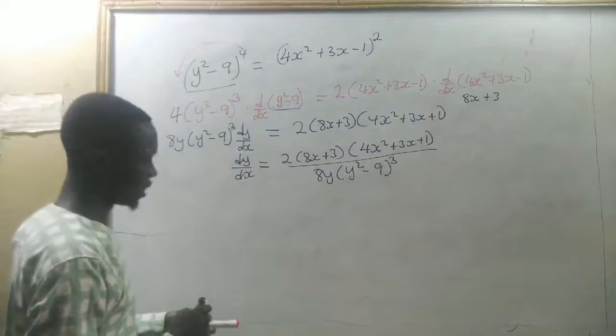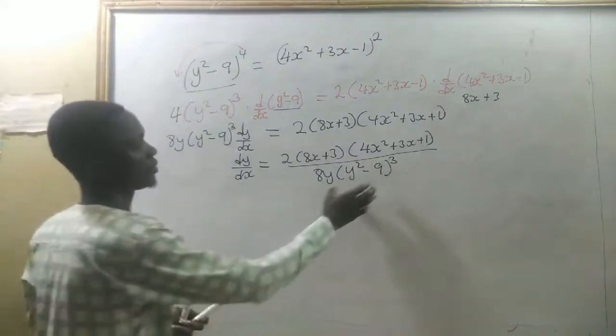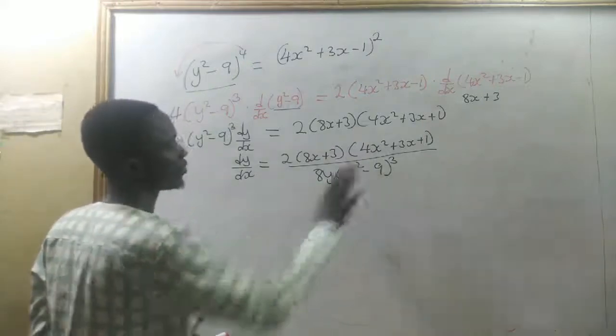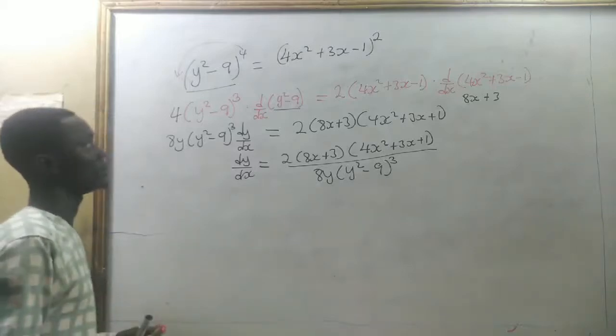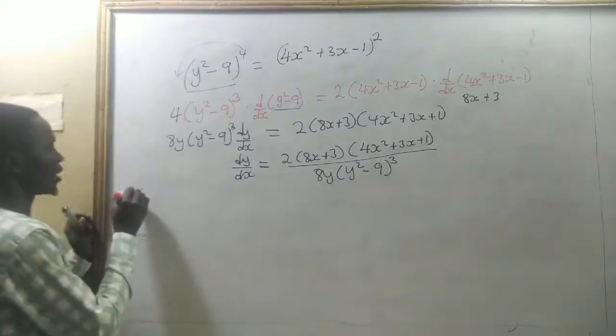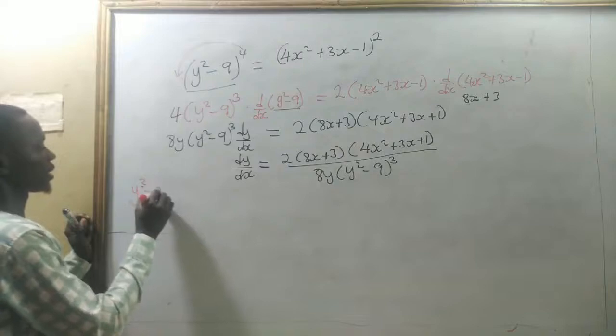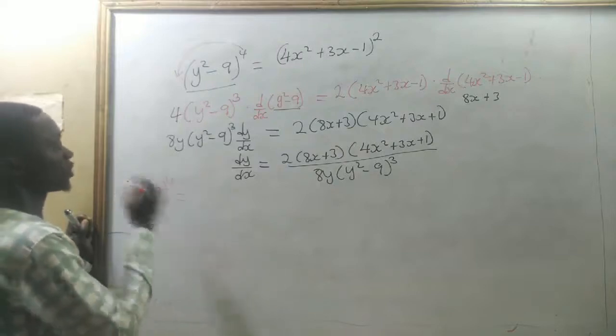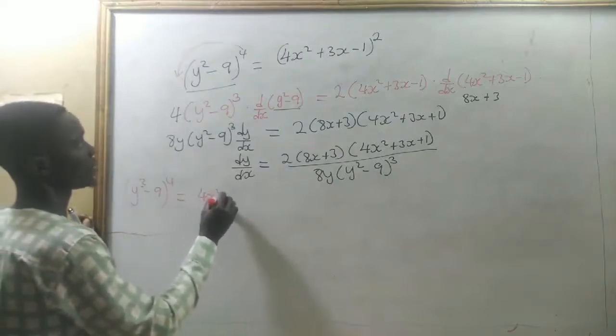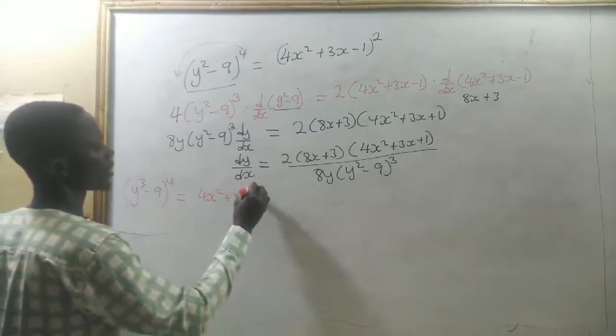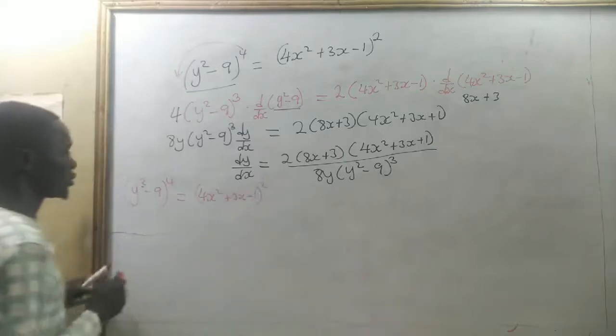Now, we can eliminate y squared minus 9 from this. So let's see how we do the elimination. Now we see that we have y squared minus 9 to the power 4 equal to 4x squared plus 3x minus 1 all squared. So what do we do?